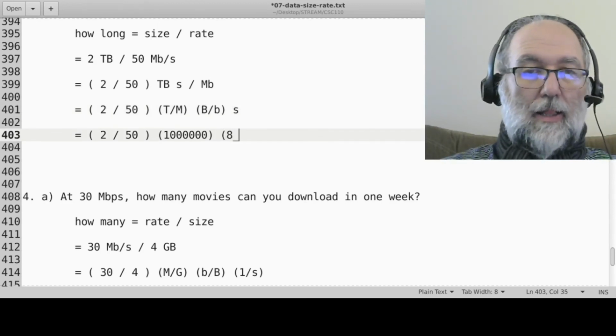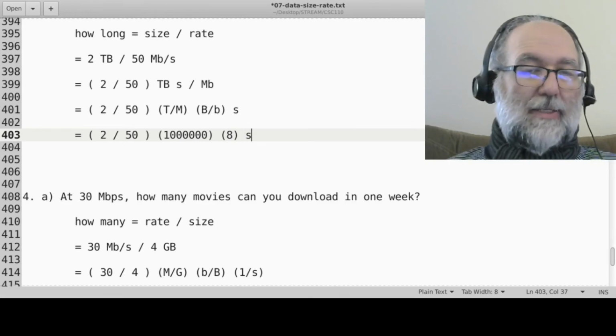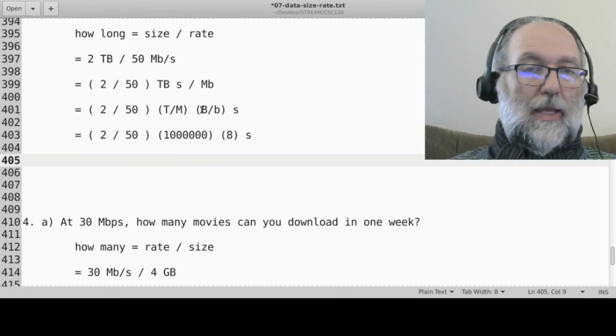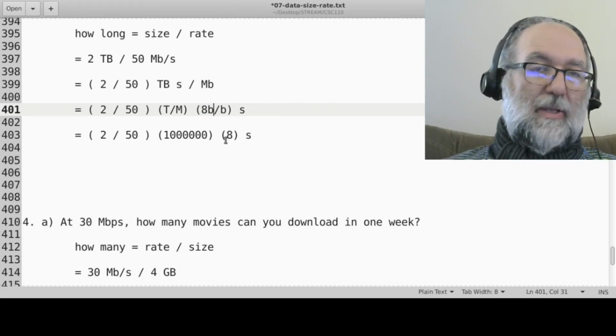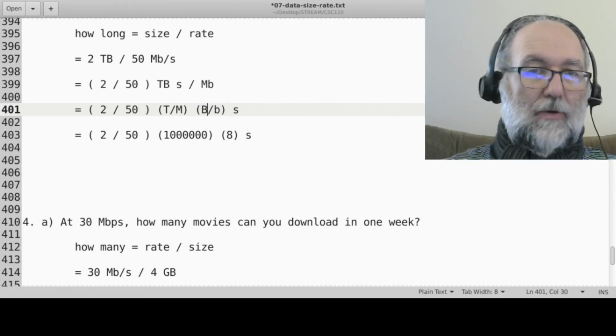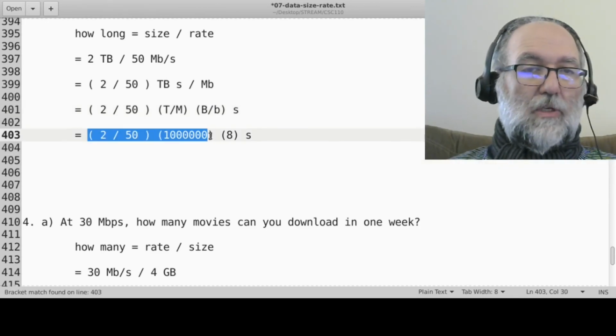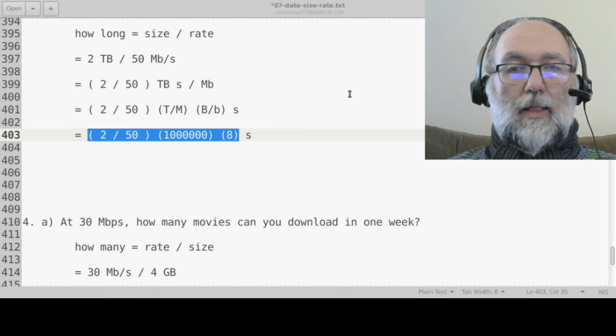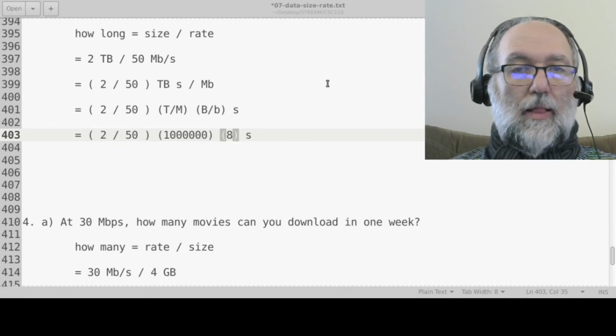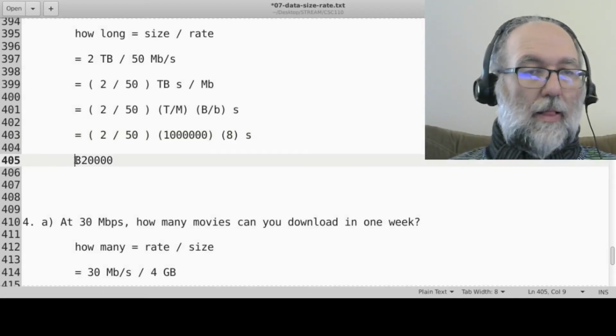A byte is 8 bits. The bits cancel and you just get 8 in there. And then we have the seconds there. Finally, I'm going to just do this on our calculator. And we get that many seconds.